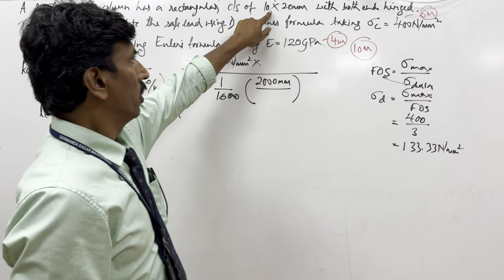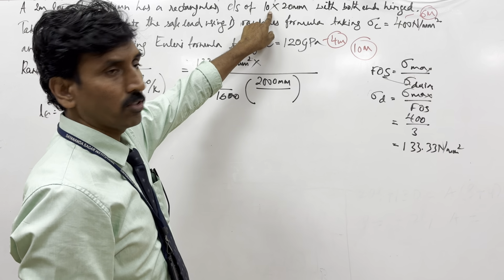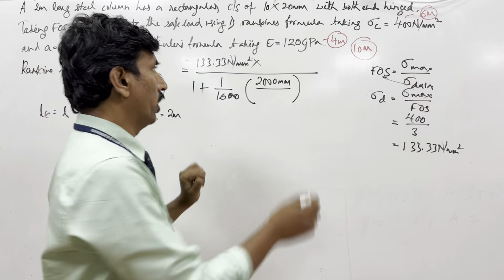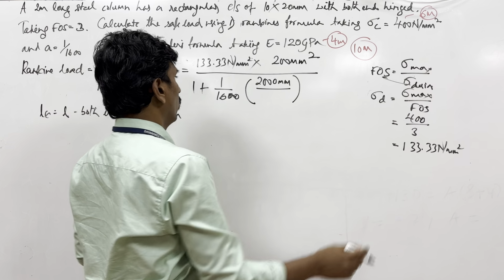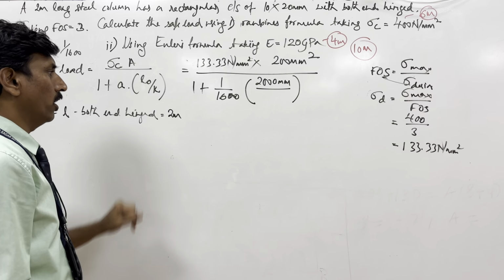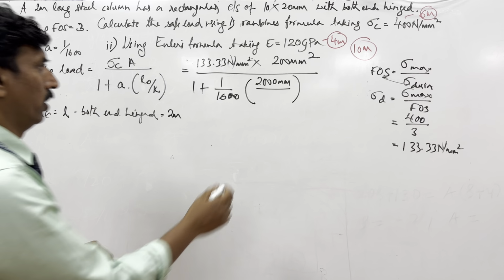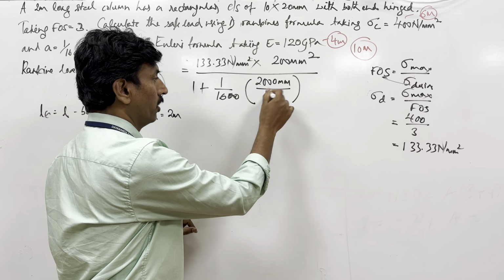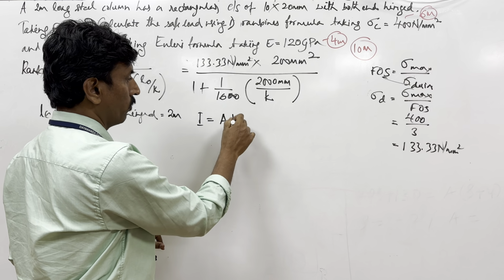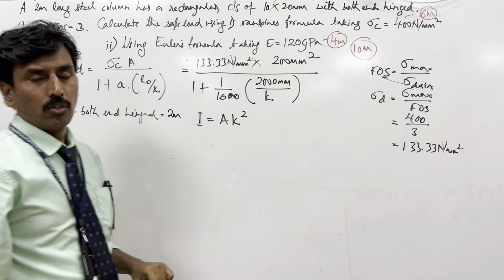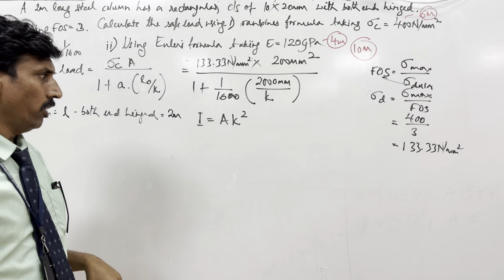Area is, here it says that the cross sectional area is 10 into 20. So we are now worried about this area, which is actually 200 mm square. Now what I don't know is K. Let us find out K. So I know that moment of inertia is also given by the formula A K square.